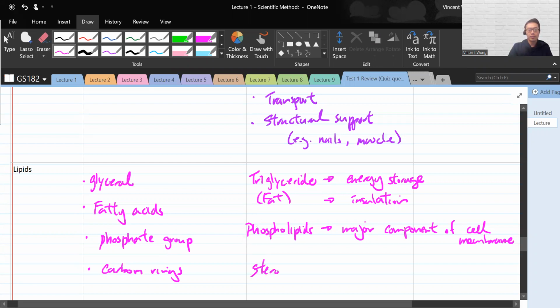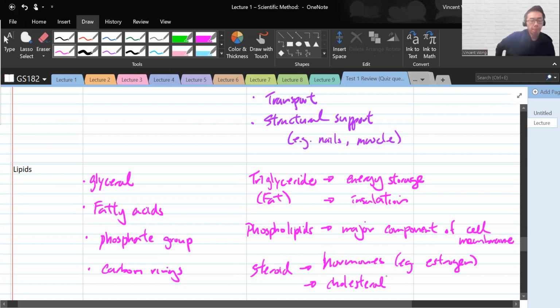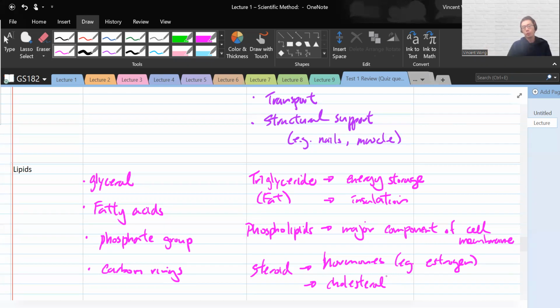That's okay. Steroids, right? Steroids are fused carbon rings and they can form hormones such as estrogen, or they could be cholesterol. And cholesterol helps maintain the fluidity of the cell membrane. So these are some functions of lipids.